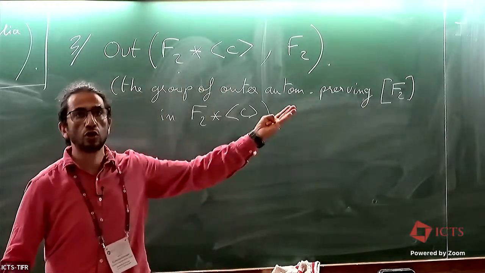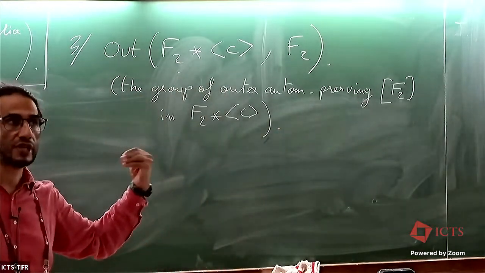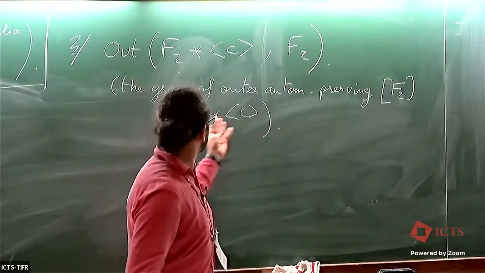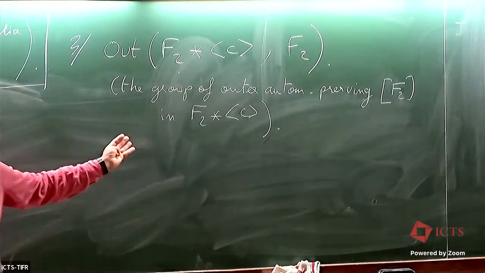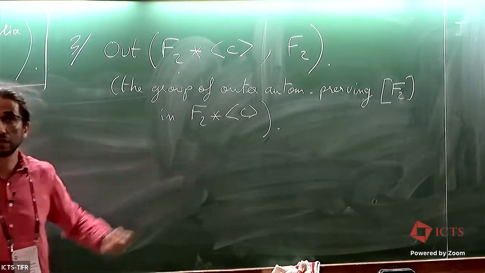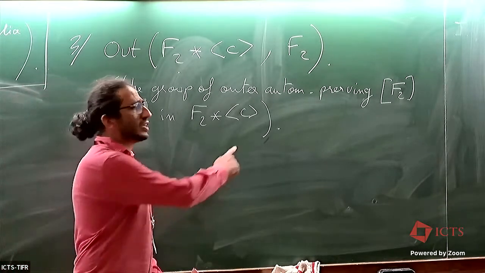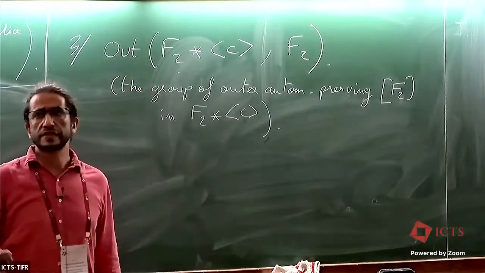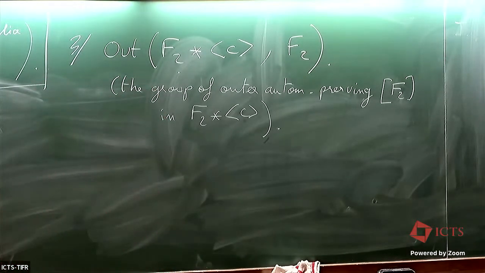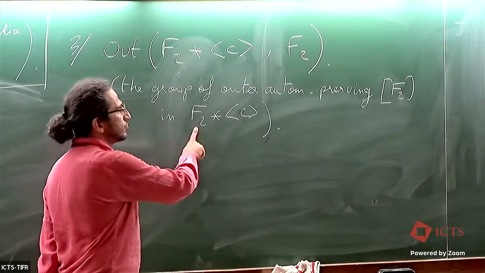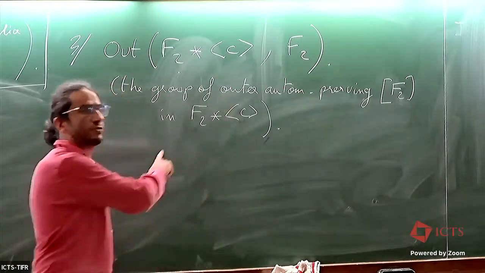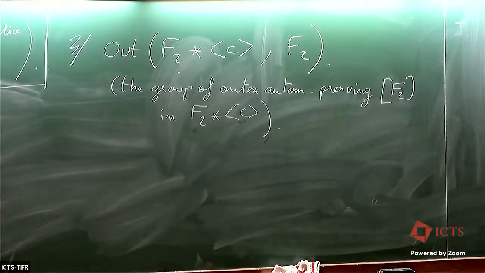So I can always find a representative of them that preserves the free factor F2. Then it has to do something on C. And as a little earlier, the only thing it can do on C is sending C to some element of F2 times C times some element of F2. If it's more complicated, it's not going to be an automorphism. It's not going to be surjective.